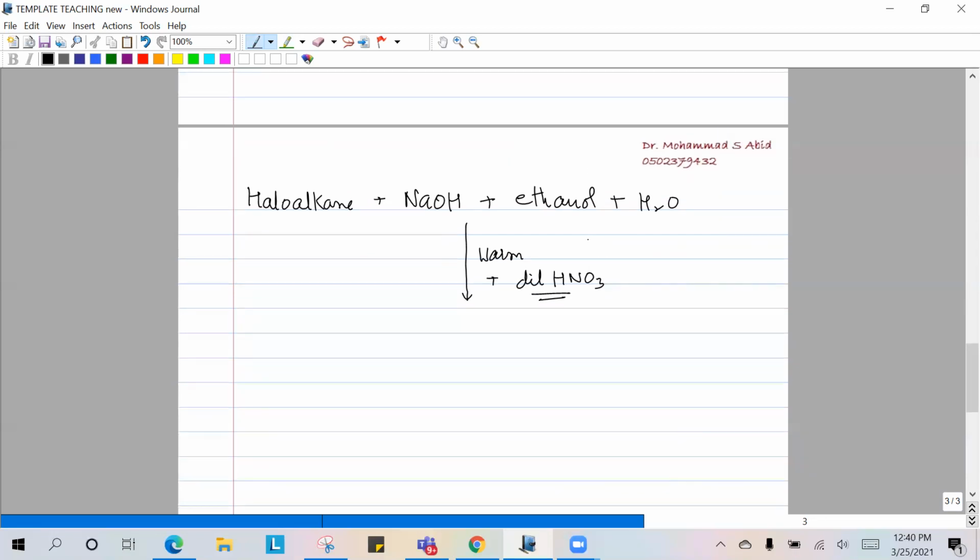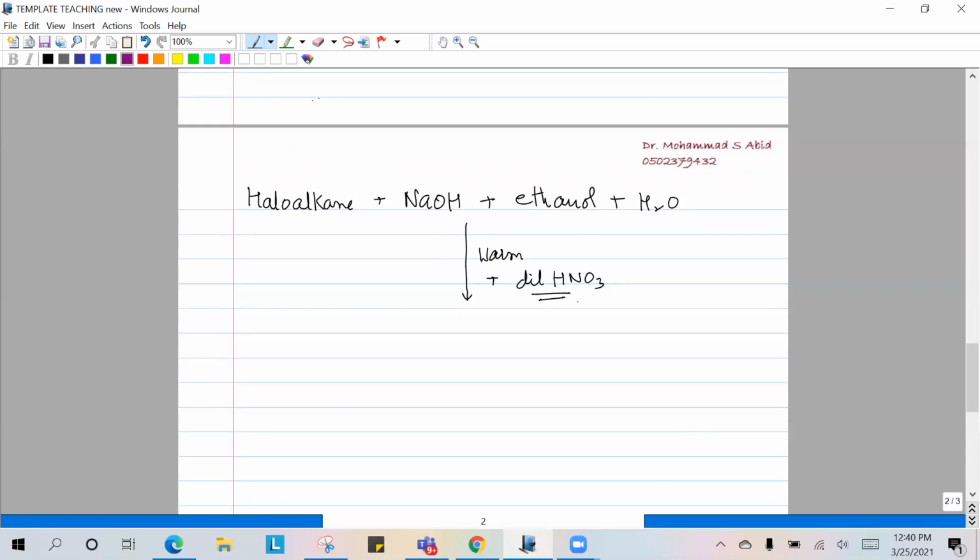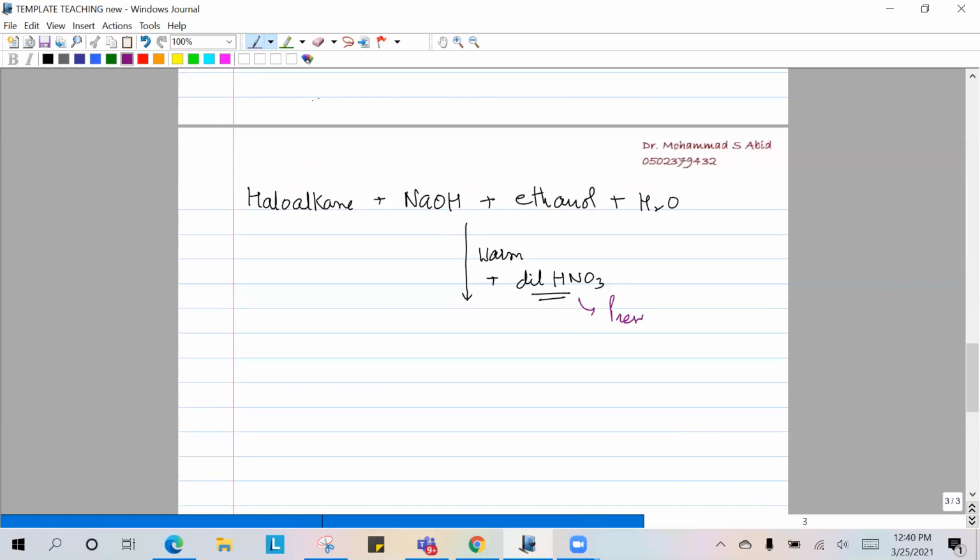Here, dilute nitric acid is added to prevent any unreacted OH minus remaining. So this OH minus being a base, it will react with the acid and get neutralized.